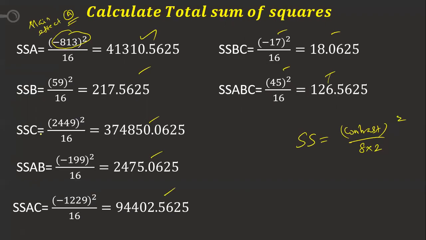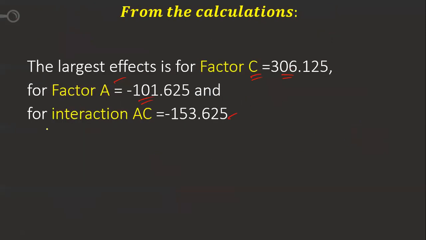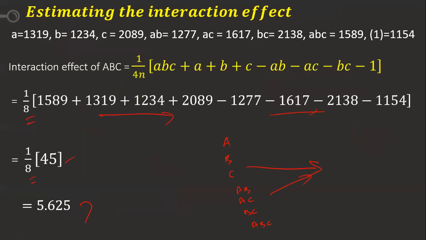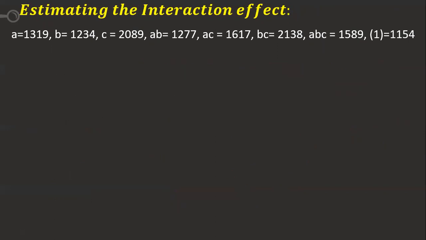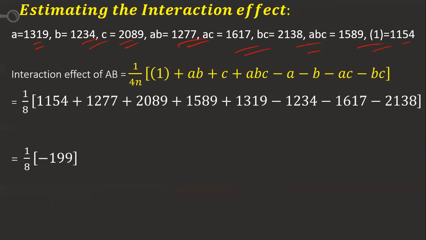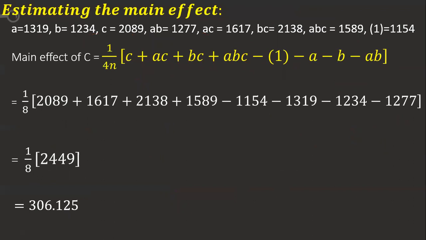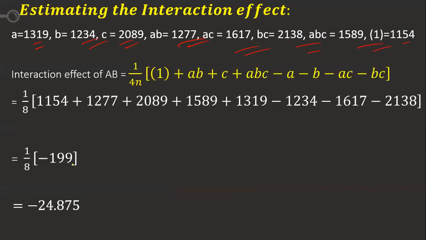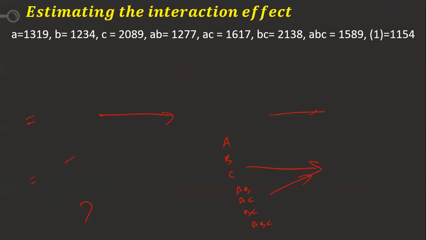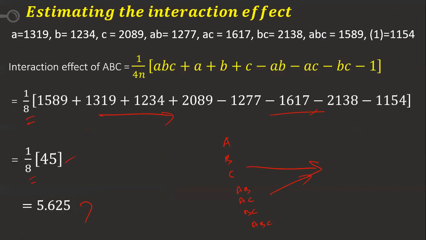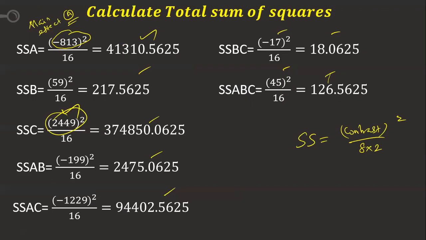Now all these values here. For the interaction effects, only the thing which is in the bracket is used, so leave this 8 and take this 2449. That's what we are going to use as the contrast. You have to remember what a contrast is. Here 2449 is given.